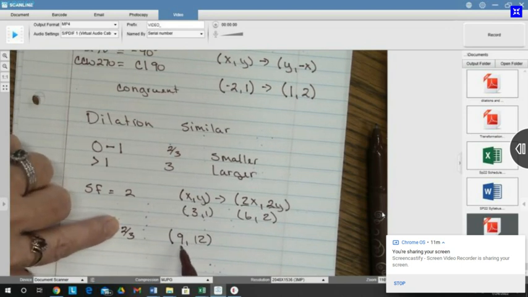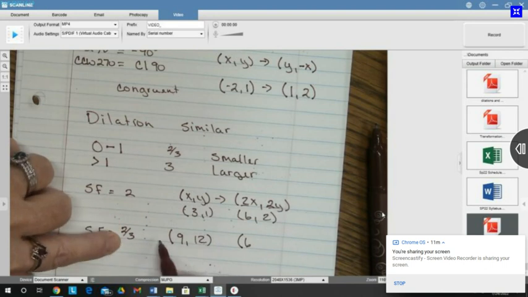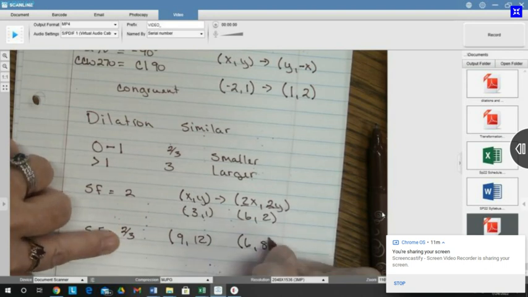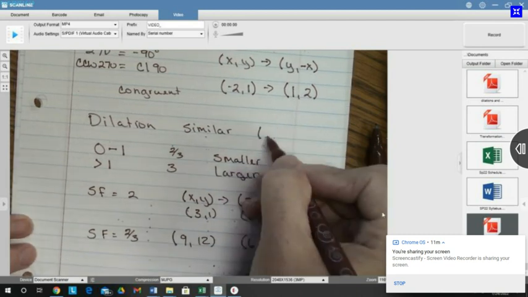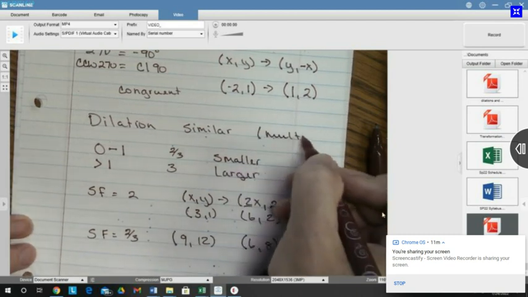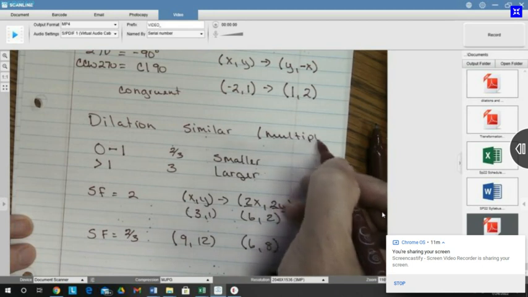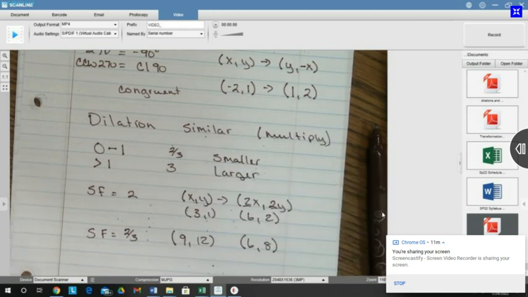So 2 times 9 is 18, divided by 3 is 6. And 2 times 12 is 24, divided by 3 is 8. Okay? All you're doing is multiply everybody, x and y, by the scale factor.